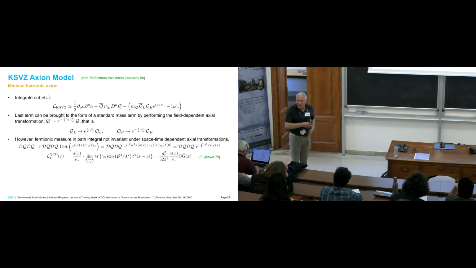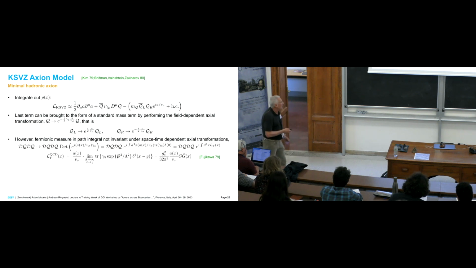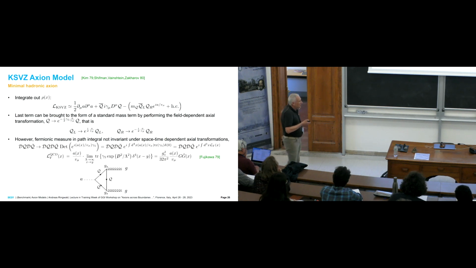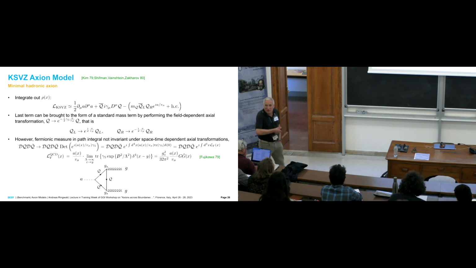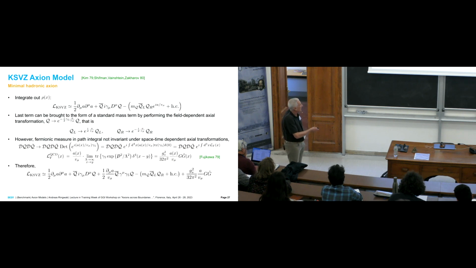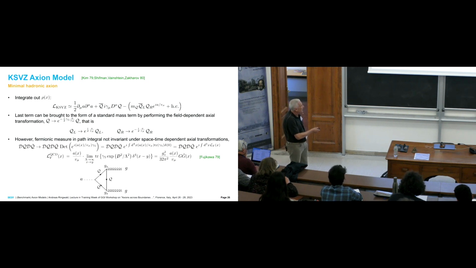In principle, there could be many higher order terms, but at the end, only one part of infinitely many terms remained. And this can be understood in terms of this anomalous triangle graph, which was known before the calculations of Fujikawa.